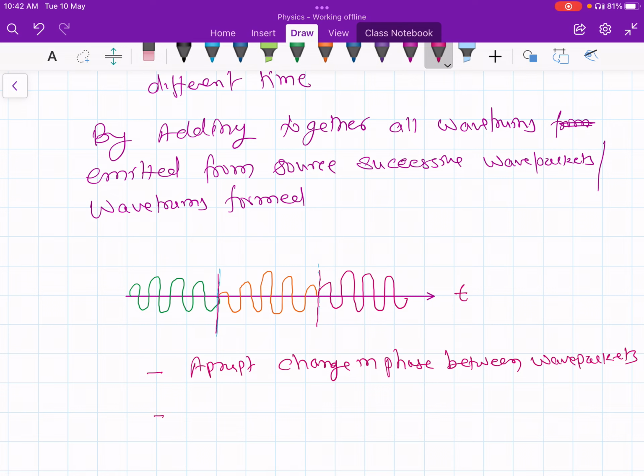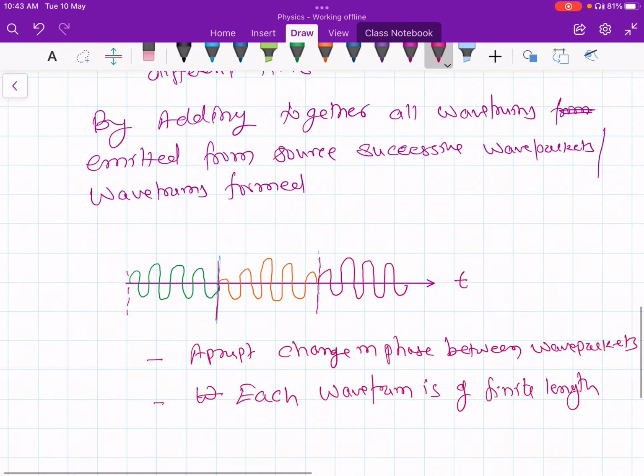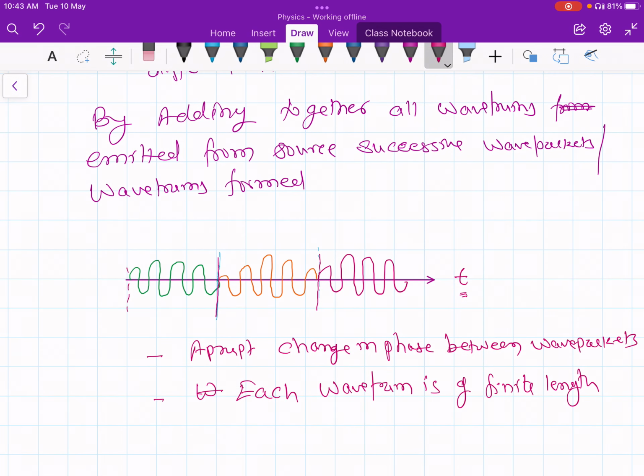And here you can see that each wave train is of finite length. Each wave has some finite length. Then let's define the coherence time. On this axis, it is a time axis. The coherence time is defined as the time during which the phase of the wave is predicted reliably.